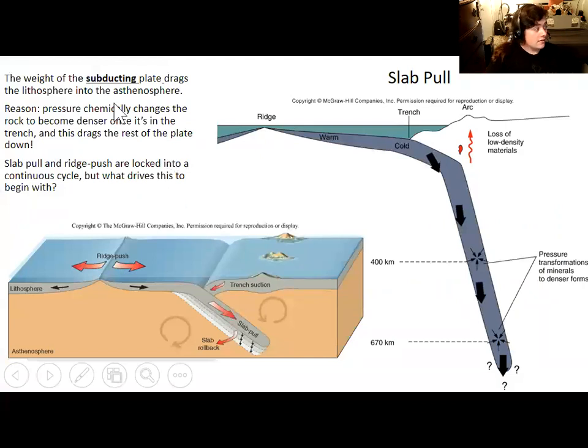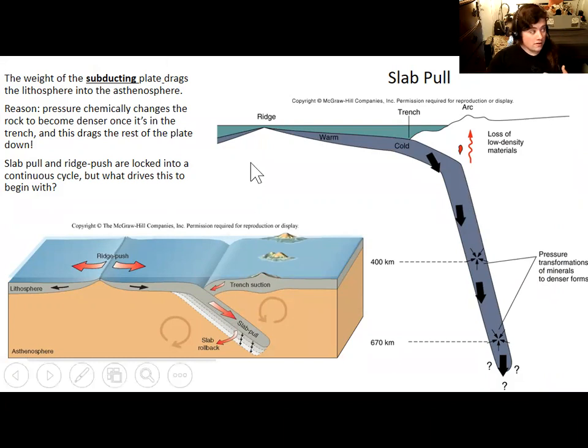Now at the subduction trench, what happens is the process of slab pull. The plate that is going down in a trench is going to physically get heavier and denser as it sinks. And that is because the pressure transforms the minerals that are in the ocean crust into different minerals, metamorphic minerals that are actually denser.